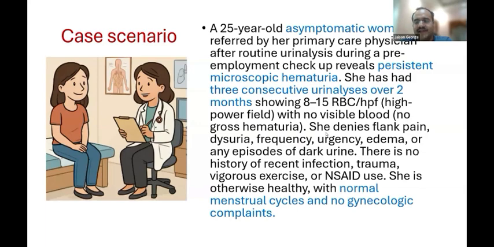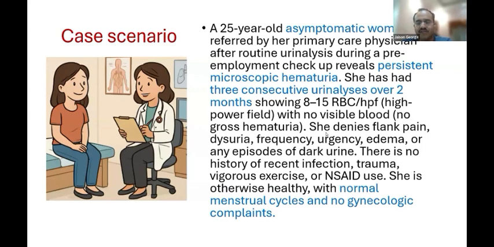Whenever there is isolated hematuria, it is necessary that we repeat urinalysis after 6 weeks, as it was done in this case. She denies flank pain, dysuria, frequency, urgency, edema, or any episode of dark urine. There is no history of recent infection, trauma, vigorous exercise, or NSAID use. She's otherwise healthy with normal menstrual cycles and no gynecological complaints.